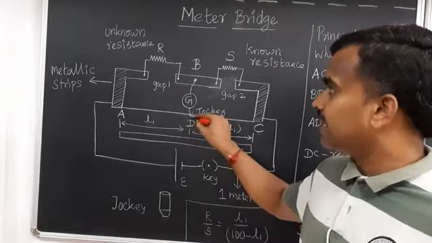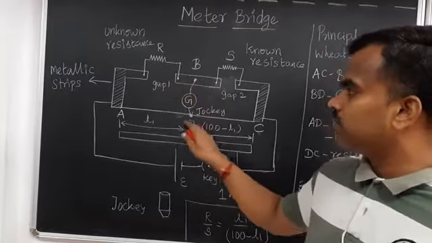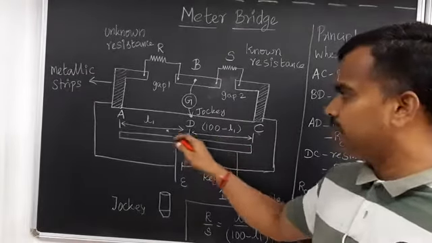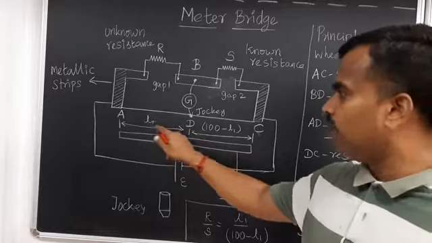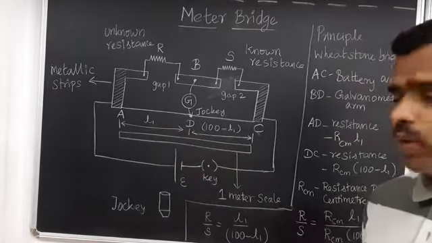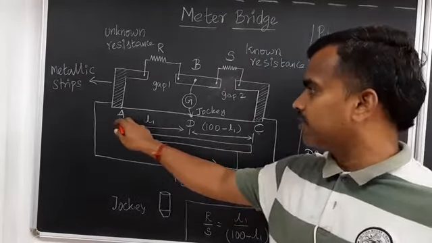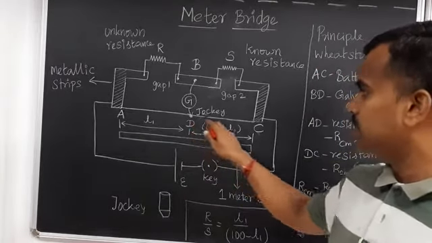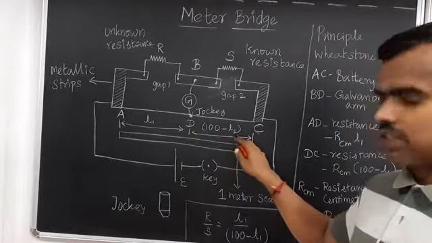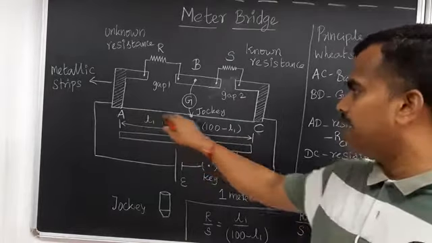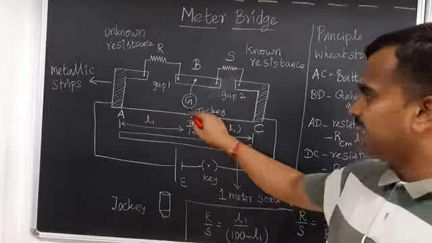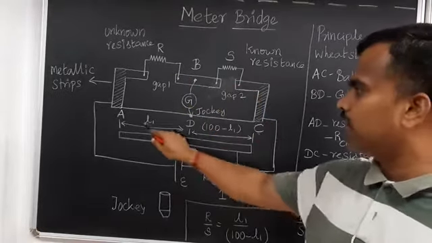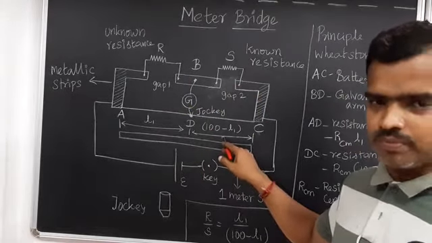In that condition, R by S is equal to L1 divided by 100 minus L1. L1 is the distance from point A to D, and the distance DC is 100 minus L1, because the total is 100 centimeter. So the jockey balances this circuit.